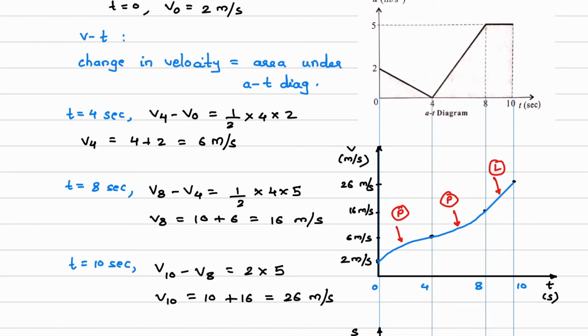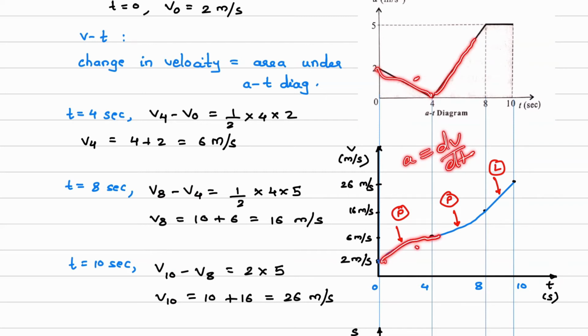Okay, now since this is linear, these two curves were parabolic, and this is constant, so this is linear. Okay, how do we mark this? You have to consider acceleration is the slope of the VT diagram, dv by dt. Here acceleration is reducing, so in this case slope is reducing. Since acceleration is positive, slope is reducing in a positive way.